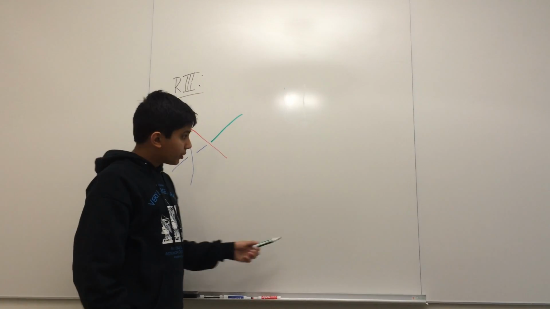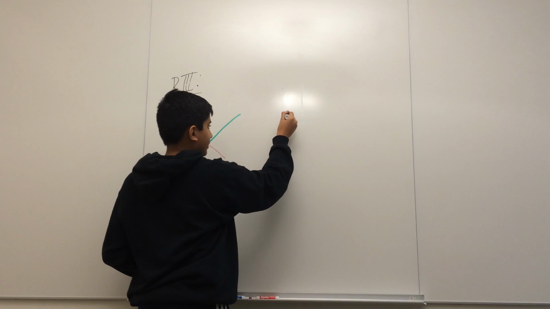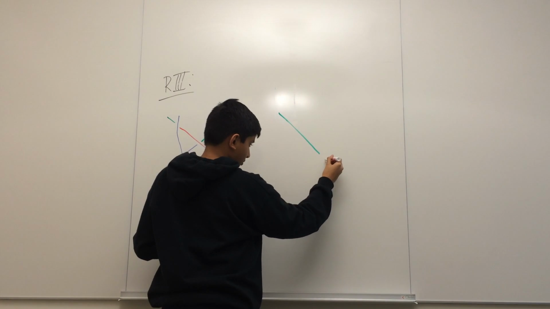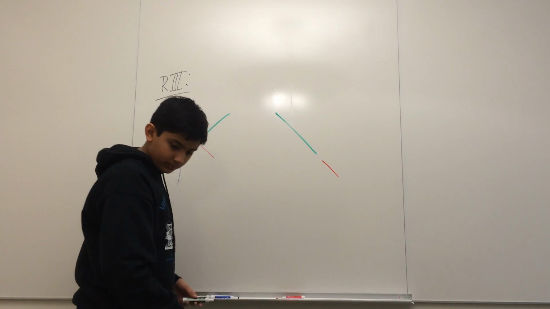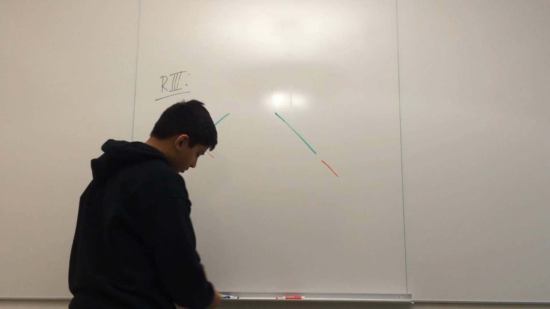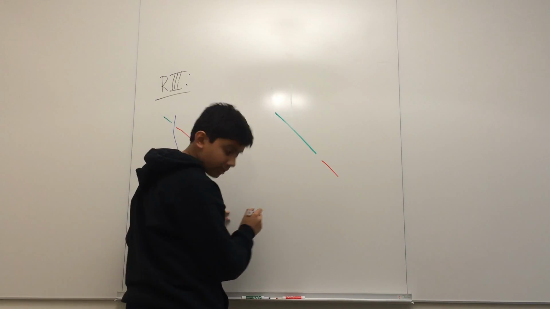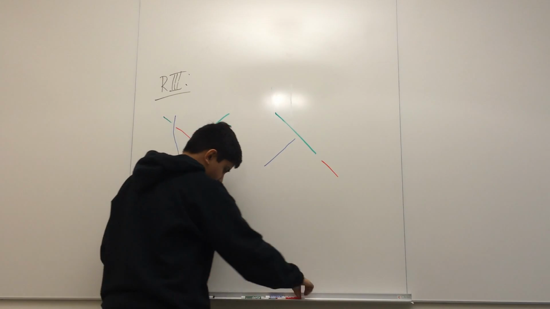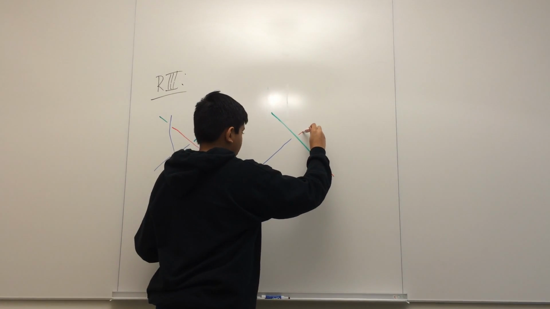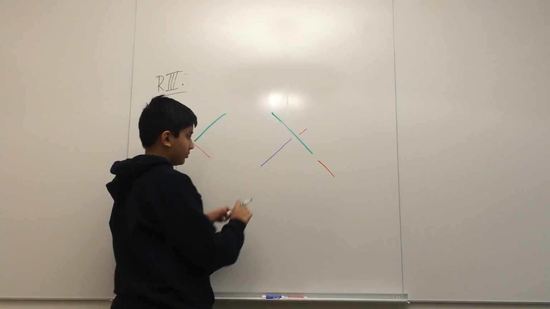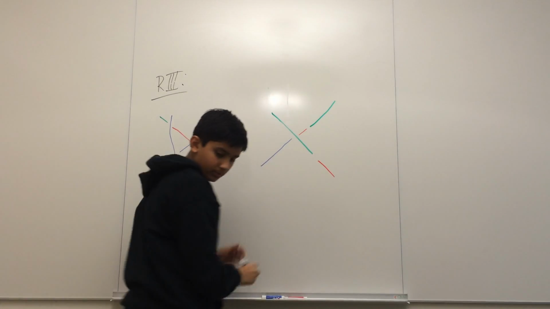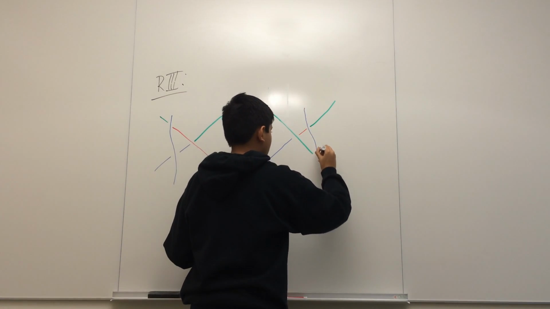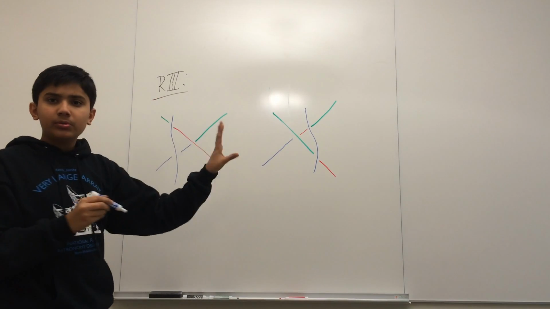So I'll just show you the solution. Basically we do this, we do this, and we do that. As you can see, the strand is still blue, as it should have been.